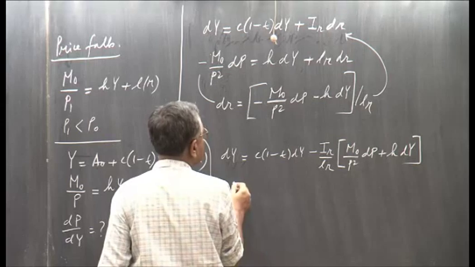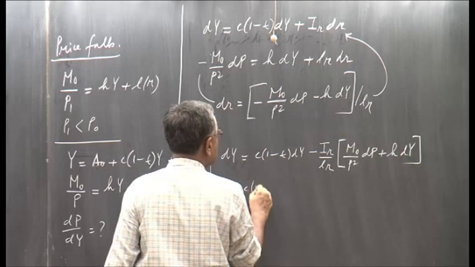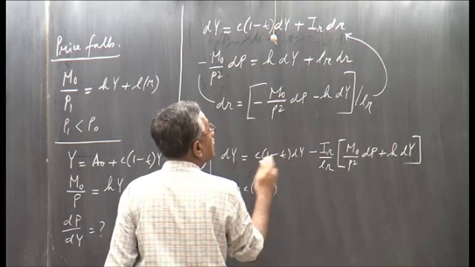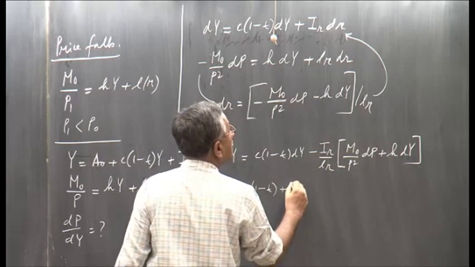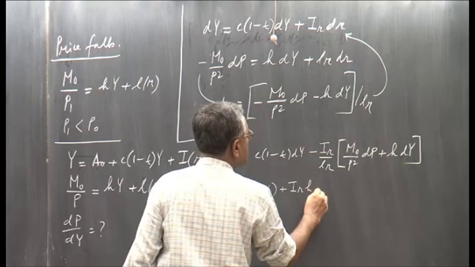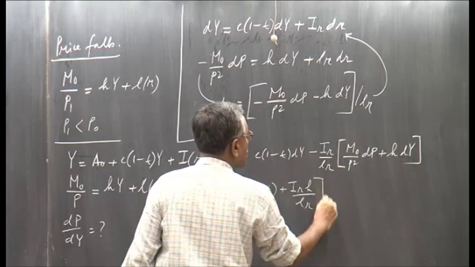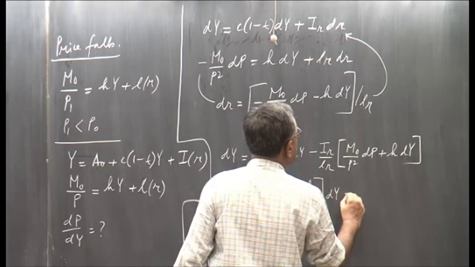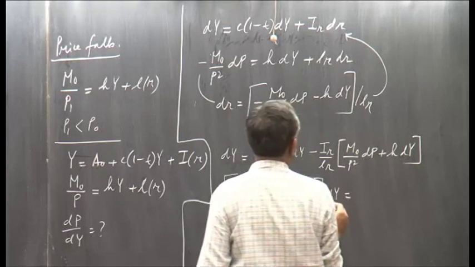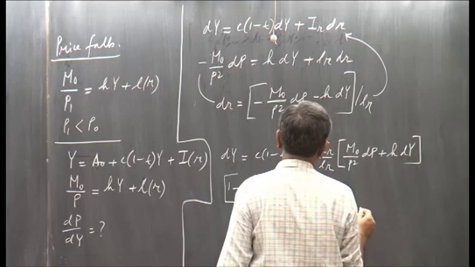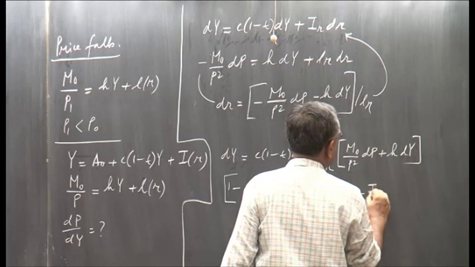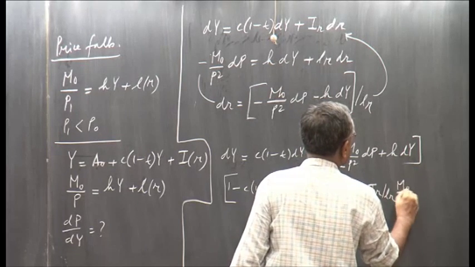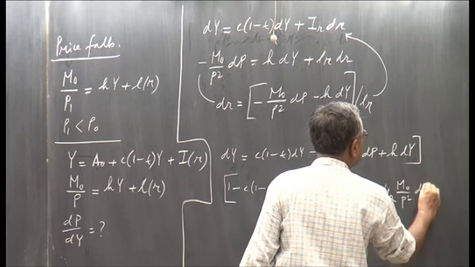So you have 1 minus c into 1 minus t plus IR H over LR, this is dY, is equal to minus IR over LR M naught over P squared dP.